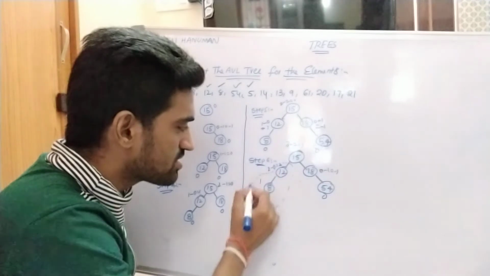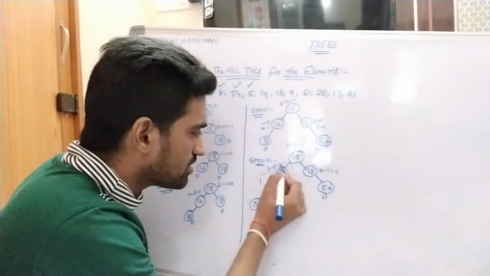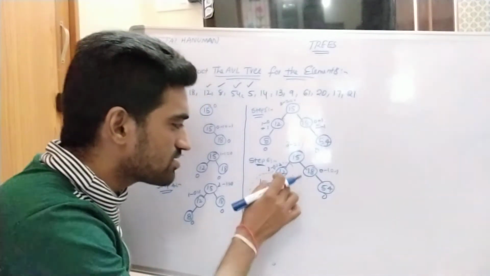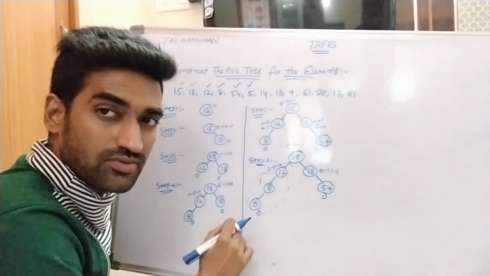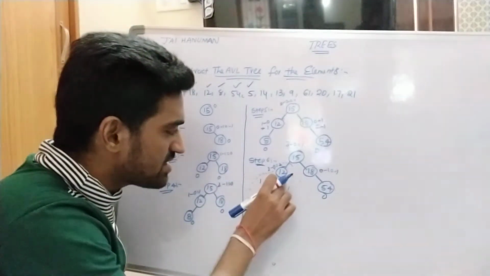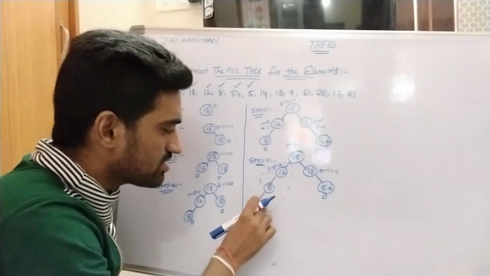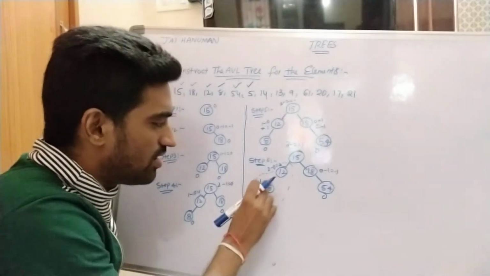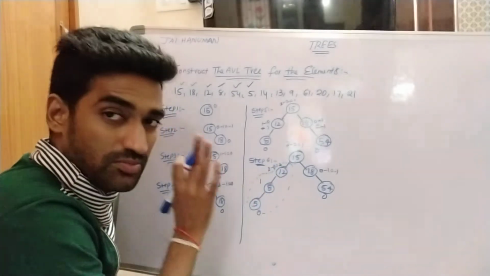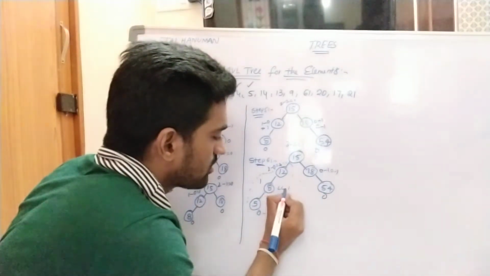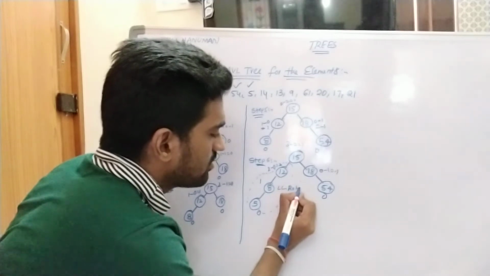So this node's balancing factor can be adjusted with the help of LL rotation. Why? Because the balancing factor is not satisfied, since we inserted a node left of the left subtree. This is nothing but LL rotation.